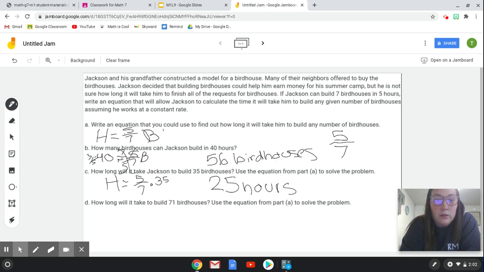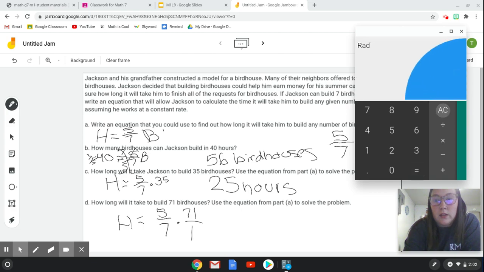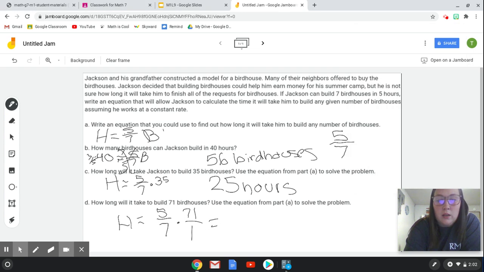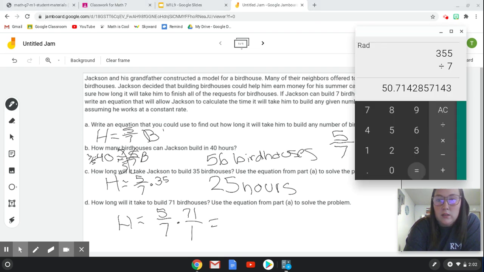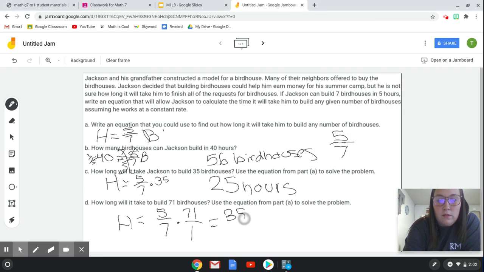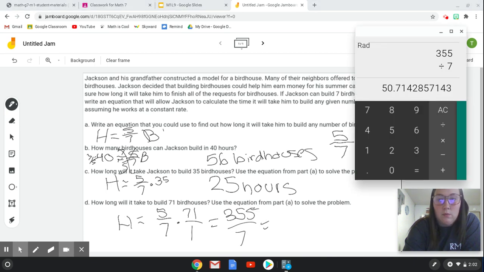So what about 71 birdhouses? Hours equals 5/7 times 71. Go ahead and plug that in your calculator. 71 times 5 is 355, divided by 7. So it's 355 over 7, and then you just divide that down one more time.